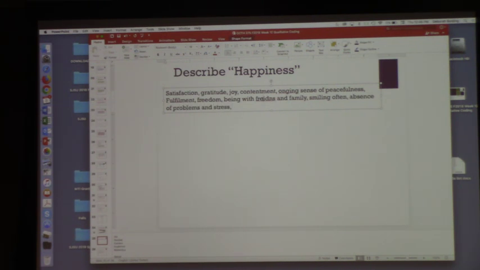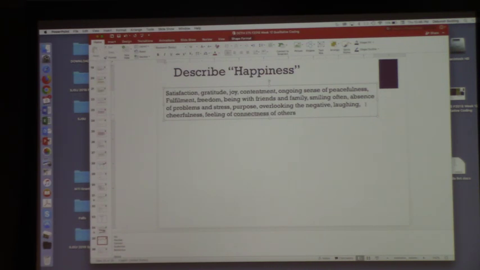Purpose. Overlooking the negative. Laughing. Good, I was wondering if that one was going to come up. Cheerfulness. Connectedness with others. Okay, I think we've got enough now.